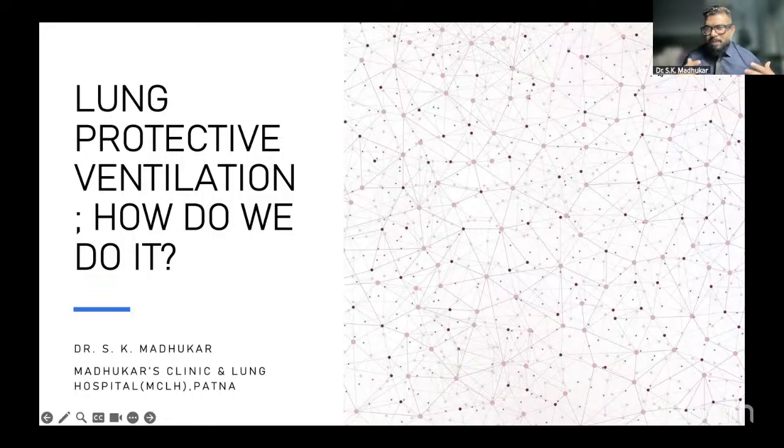So any patient with diffuse lung disease, whether it is ARDS, interstitial lung disease, or sepsis, we try to protect our lungs. This strategy has become quite popular, and we all need to understand this strategy of lung protection.